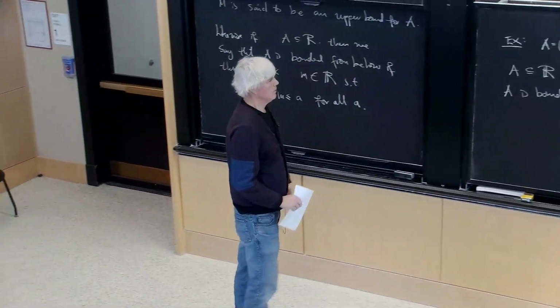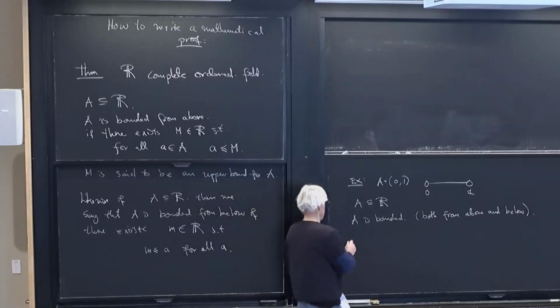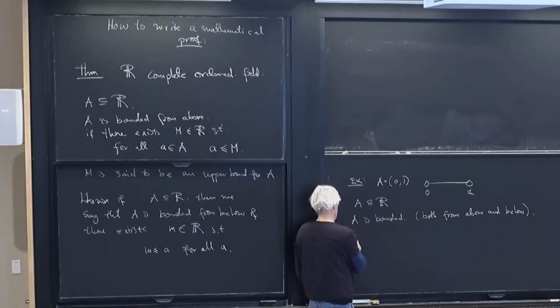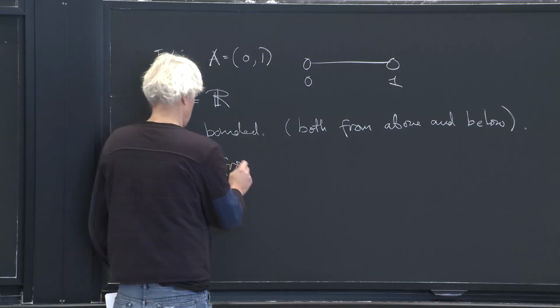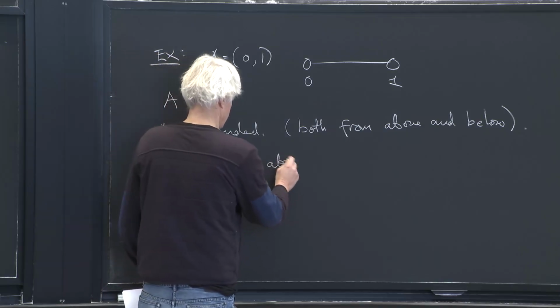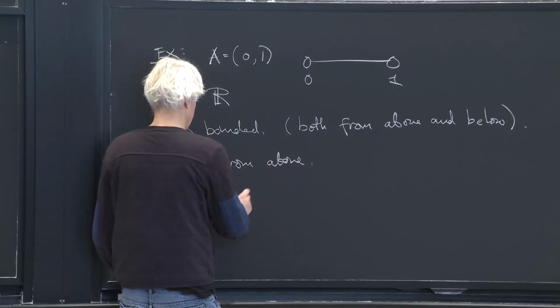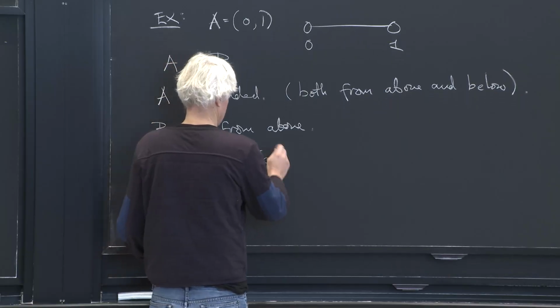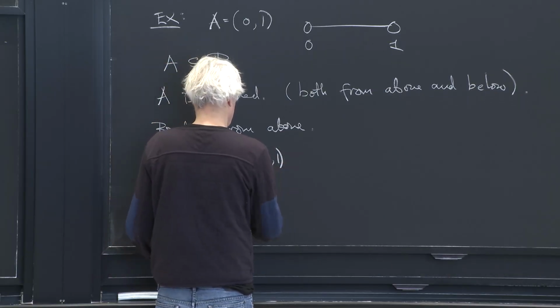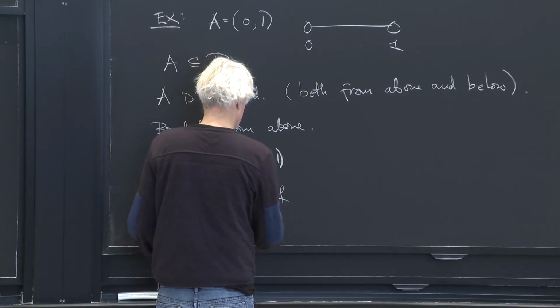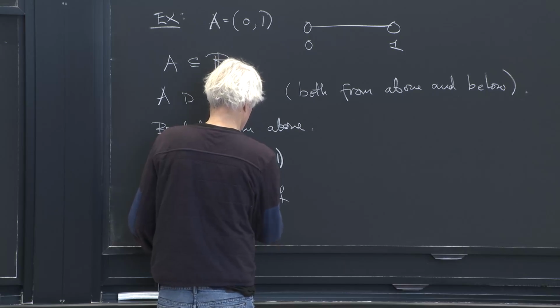It's bounded from above because if x is in this interval, then of course x is less than or equal to 1. In fact, it's strictly less than 1, right?